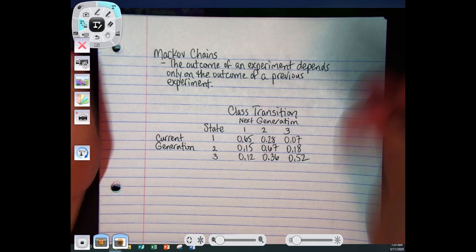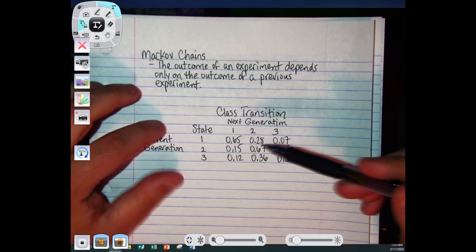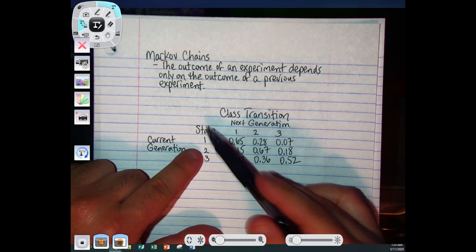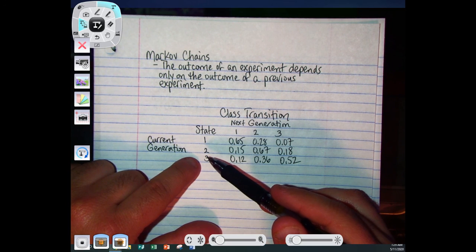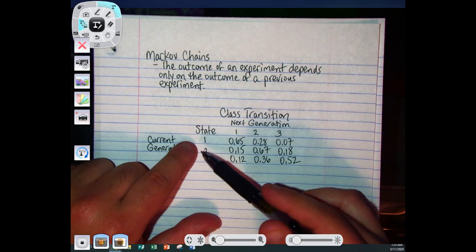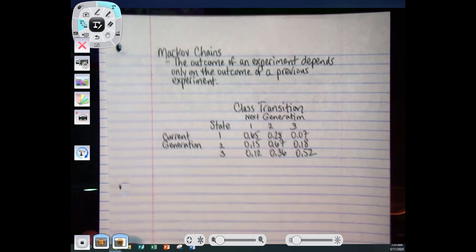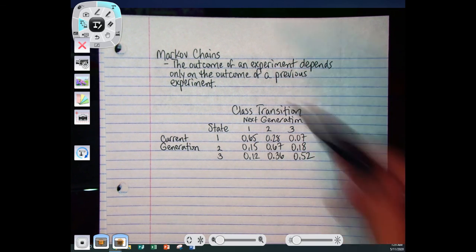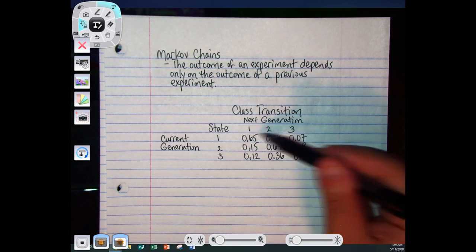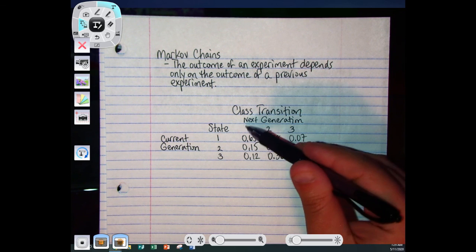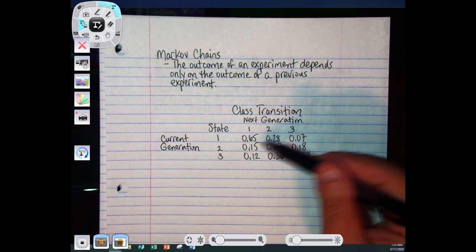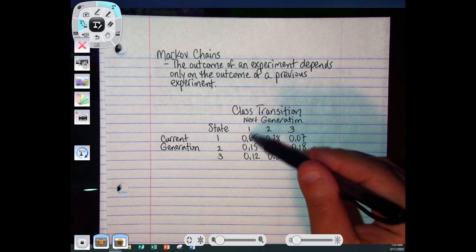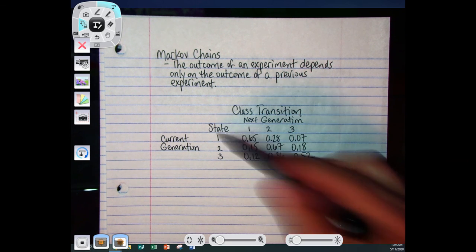So, here, we've given you a table where we look at the current generation and each group, which in this case we're going to call each group a state. We're going to look at the next generation for each state, and we're going to look at the probability of achieving that state based on the current state.